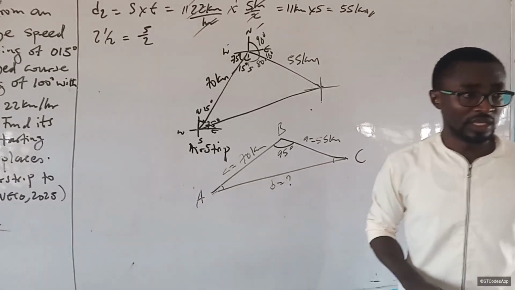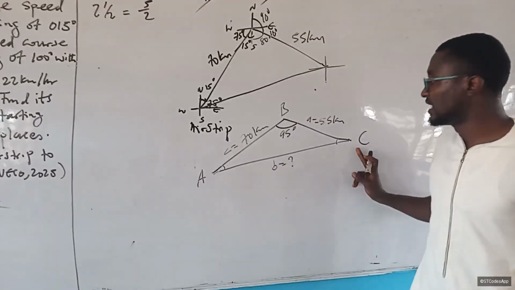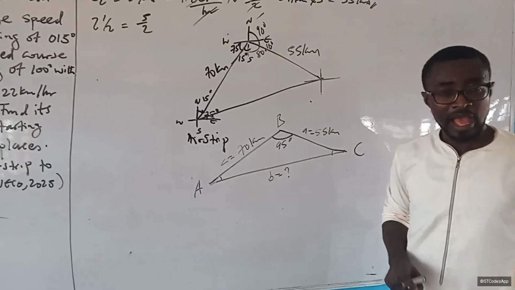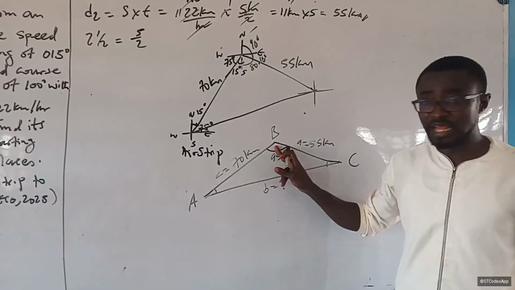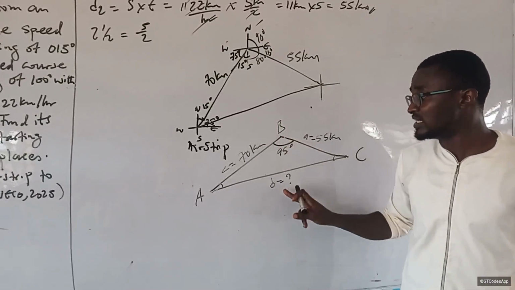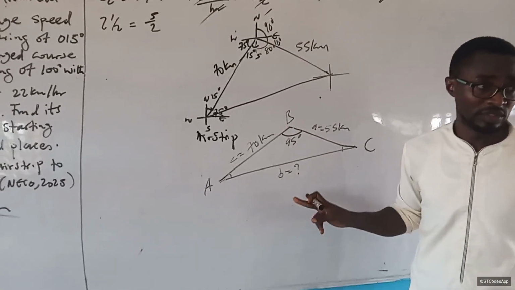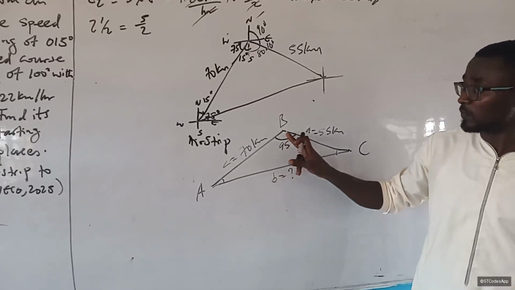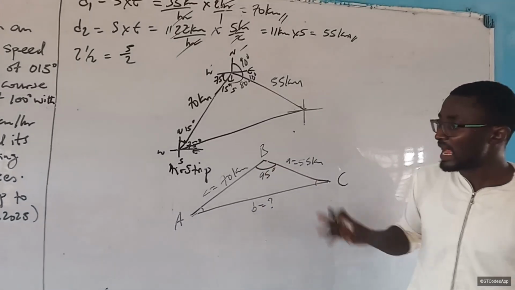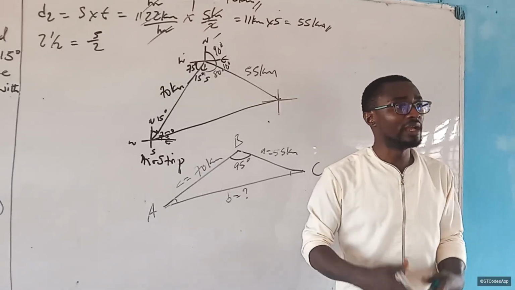Now, in any triangle where you are given two sides and one angle, and the side opposite that angle is not given, it will be easier to find that side by applying what we refer to as the cosine rule.